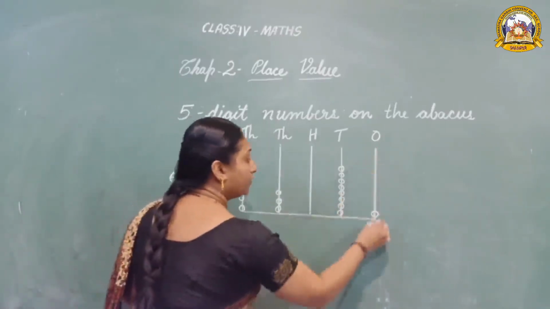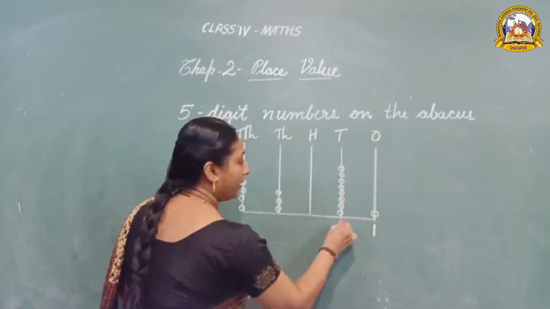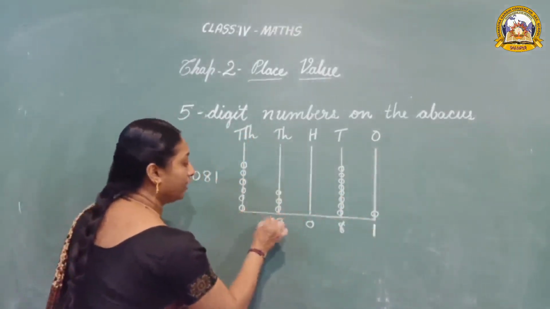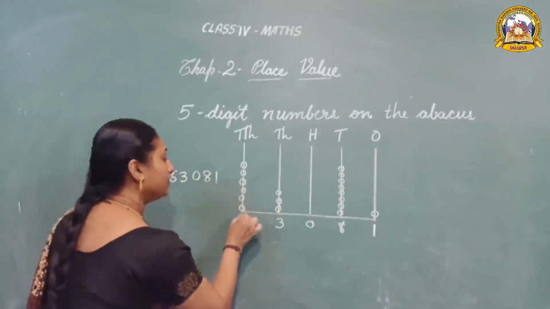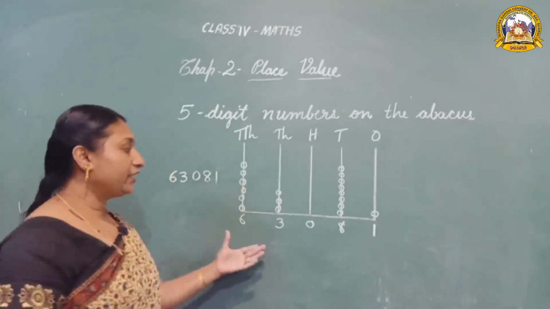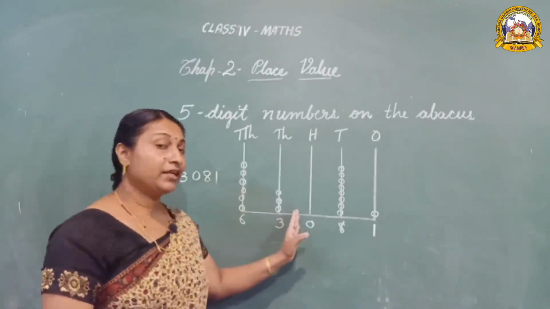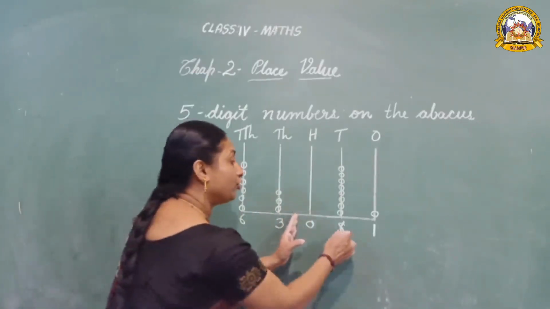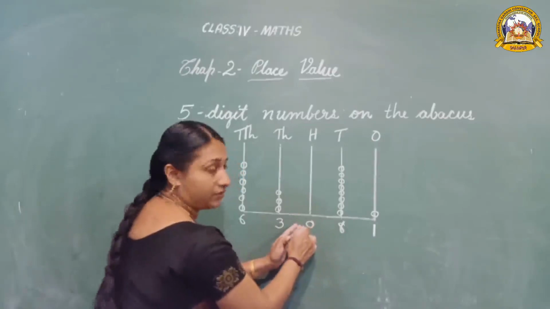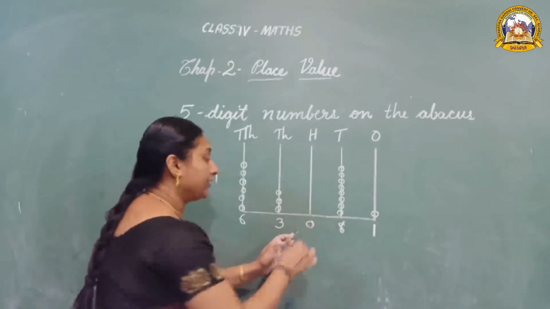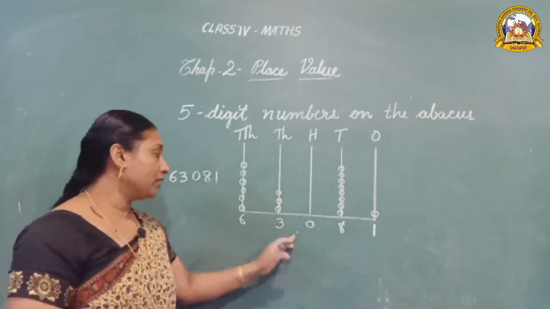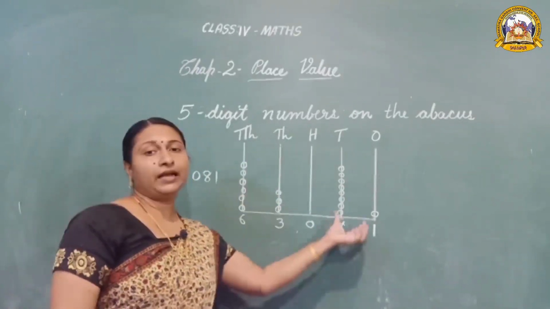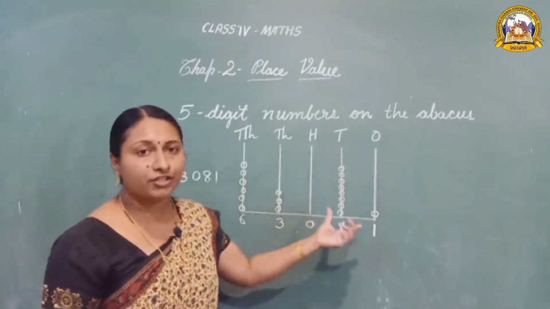So 1, 8, 0, 3, then 6. How can we read it? Yes. Can you separate the periods? Yes. 1, 2, 3. After 3 digits, let us give a comma. 63 thousands and 801. Understood?